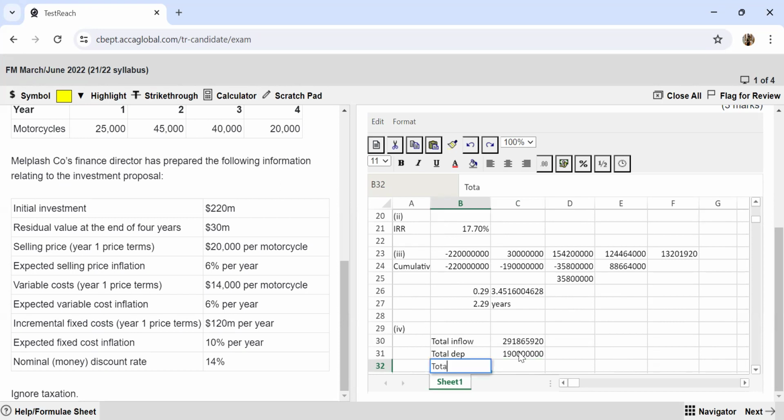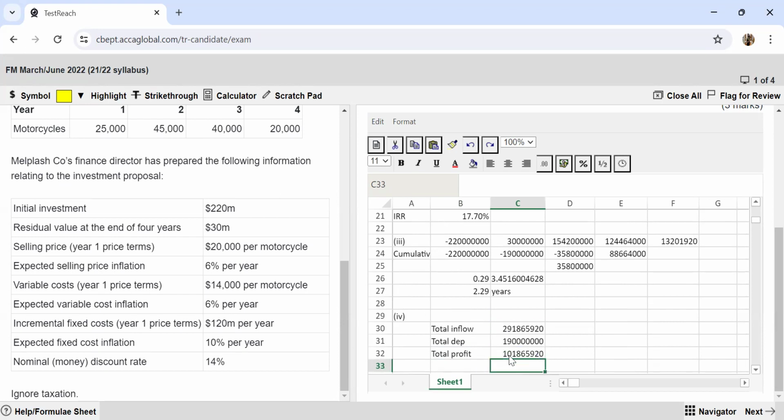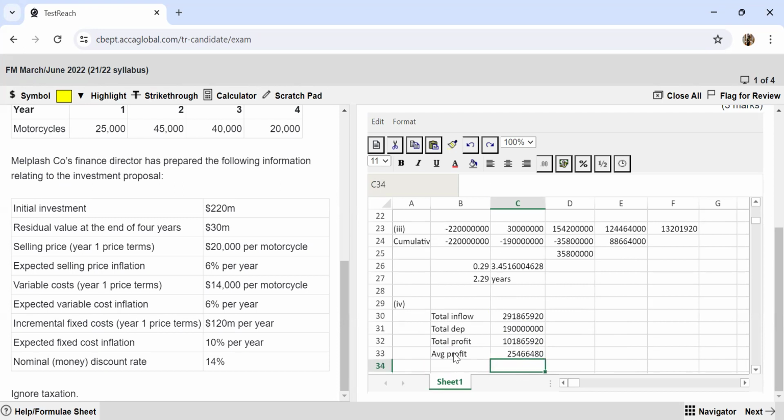So the total profit is going to be the difference between my inflows and my total depreciation. So this has been my total profit. Now, if I want to calculate the average profit, I've earned this profit over a period of 4 years, so if I divide this by 4, I'll have it in annual terms.